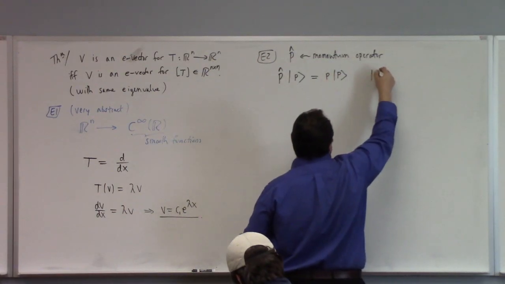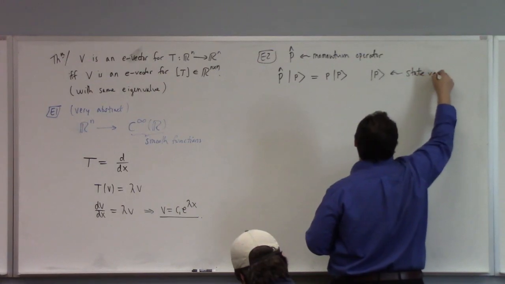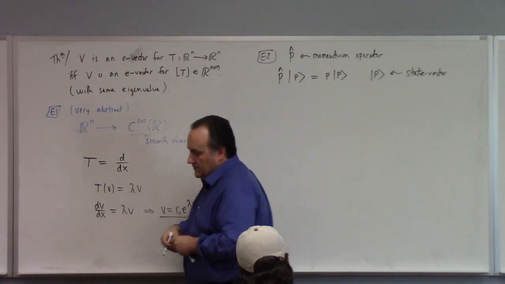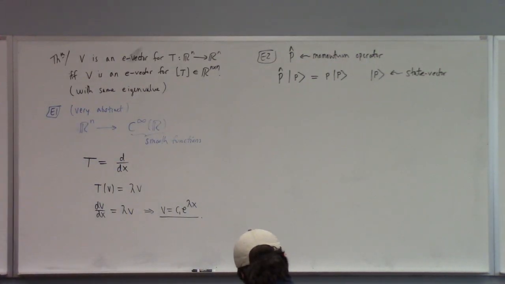So here, this is a state vector. The state vector is often labeled by the values that the eigenstates take with respect to the operator of interest. In this particular example, we're looking at a momentum eigenstate, right?